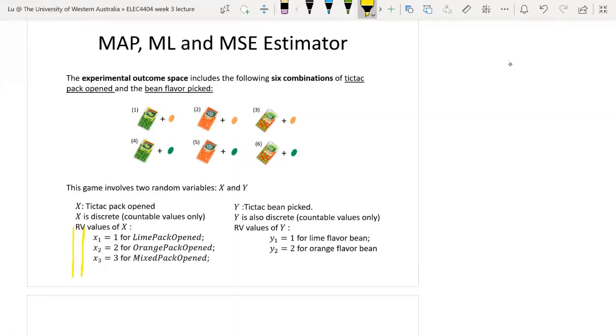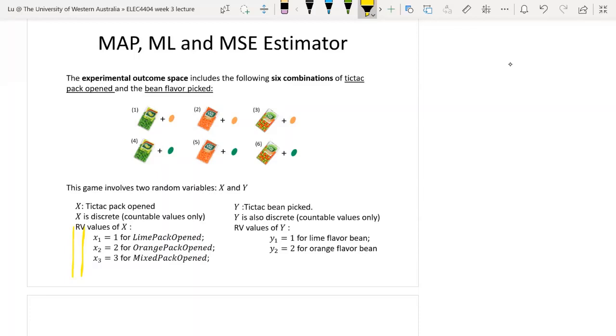If x1 equals 1, that means I pick a green box for lemon. If x2 equals 2, I pick an orange box. If x3 is 3, that means I got a mixed box. So using these 3 values, we are just indicating which tic-tac box you picked from the bag, okay?